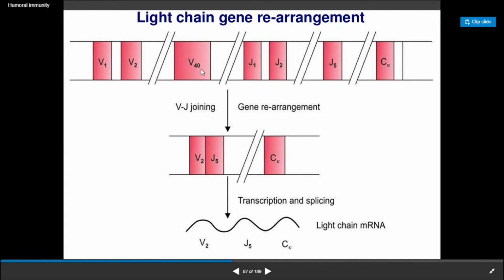So many combinations are possible, with J ranging from 1 to 5, and V1 can combine with J2, or V40 can combine with any J. There are a huge number of combinations.